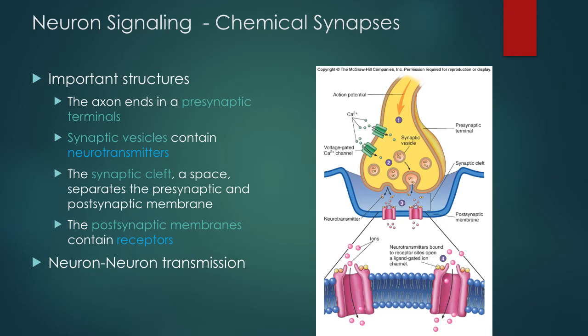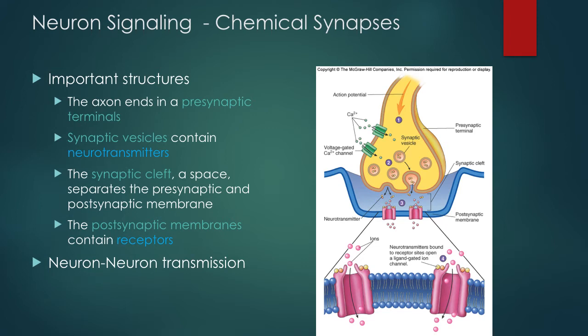It's called a bulb, and that bulb will contain vesicles of stored neurotransmitters. Those neurotransmitters can be released into the space between the neurons, and then the postsynaptic neuron has to have a receptor that binds specifically to that neurotransmitter molecule.